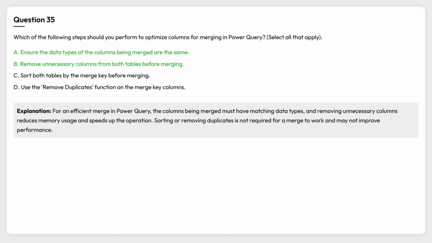For an efficient merge in Power Query, the columns being merged must have matching data types, and removing unnecessary columns reduces memory use and speeds up the operation. Sorting or removing duplicates is not required for the merge to work and may not improve performance.